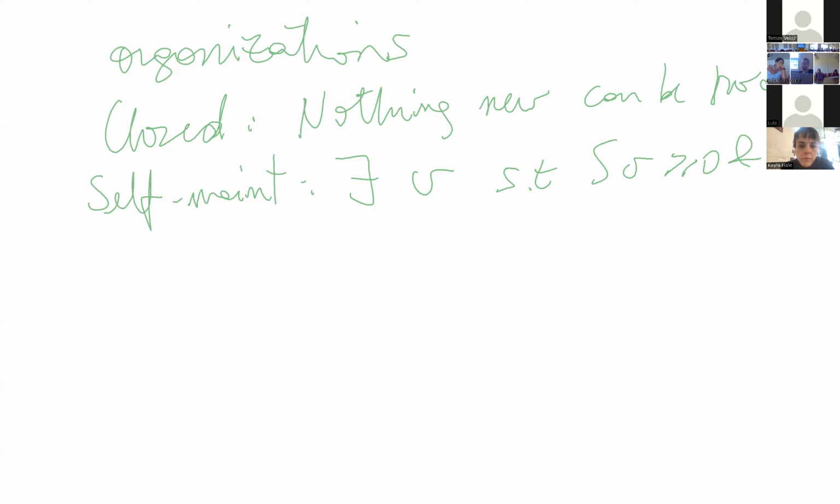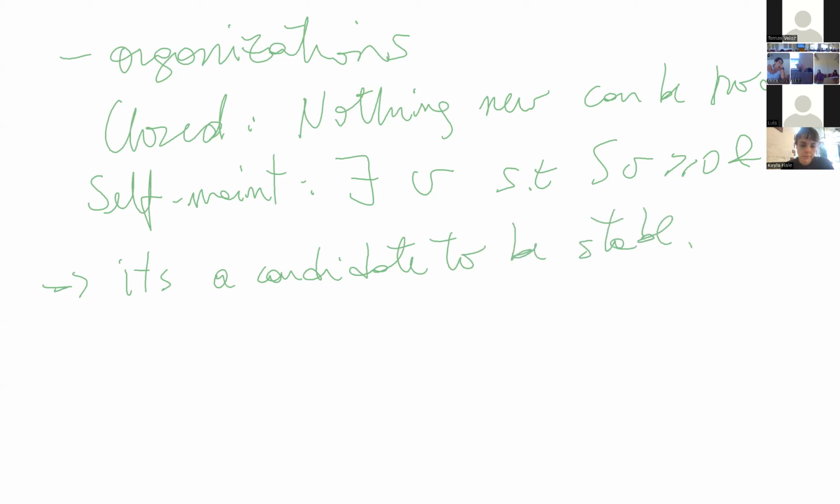If this happens, then the reaction network is an organization. And if it is an organization, it means it's a candidate to be stable. Then it will depend on the dynamic conditions, on many things, to be stable or not. But everything that is stable will have these features. So this is not a way to find the stable states, but it's a way to discard what cannot be stable.